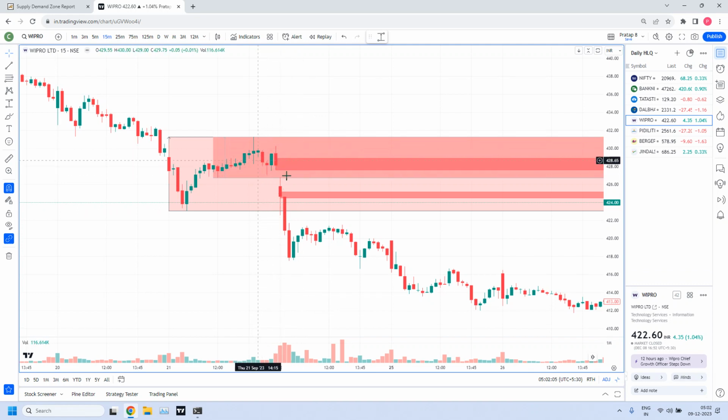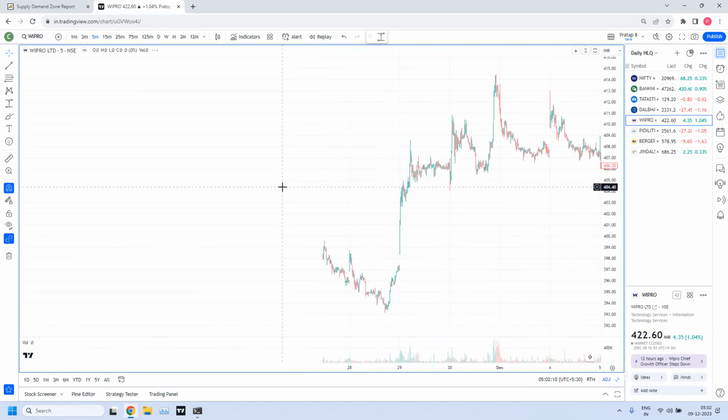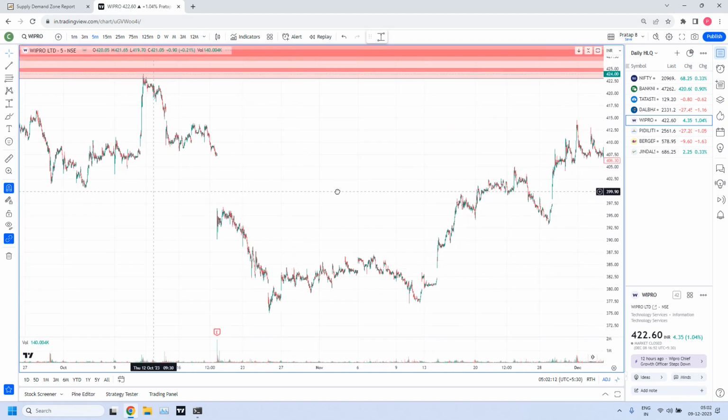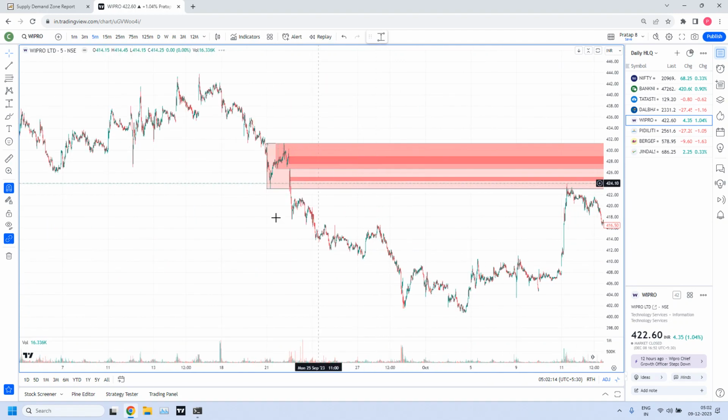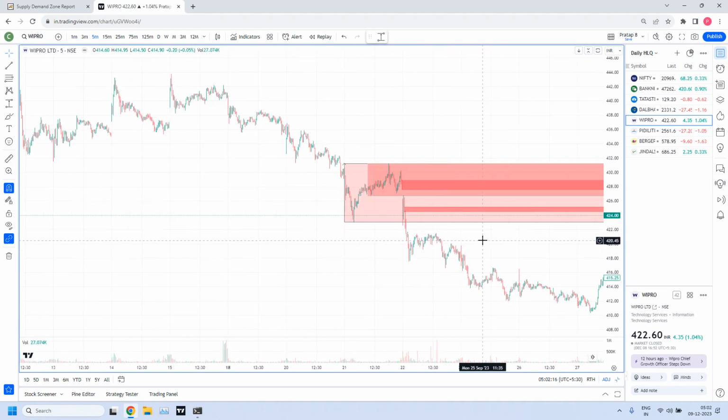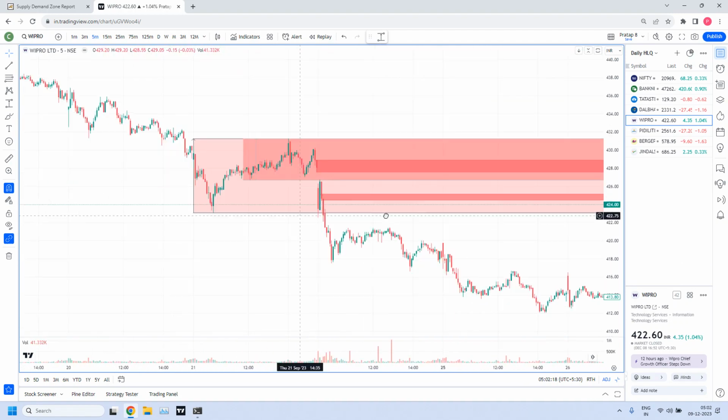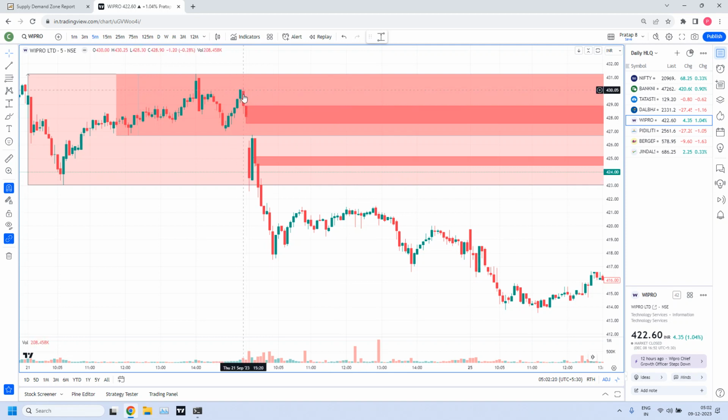Inside this 15 minutes, again I went to the 5 minutes, identified a 5-minute zone, and further fine-tuned the risk. Here we have a drop candle, one base candle, and then again a drop candle, the leg out. So we are waiting for an entry in this zone. We prepared and we were waiting.